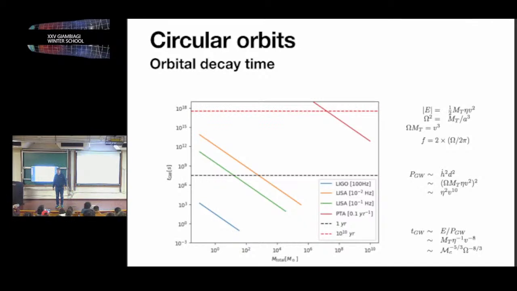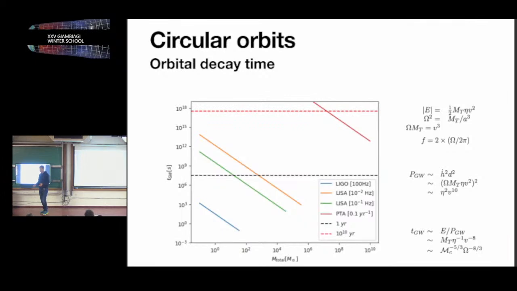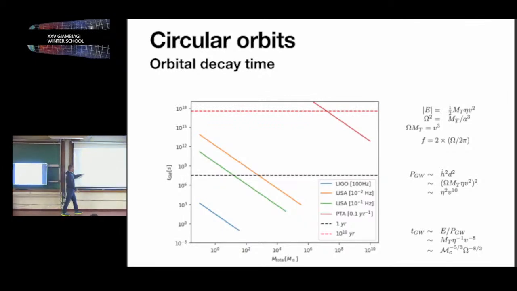Yes. When I said the speed of light, I'm talking about the order of magnitude of the speed of light, like 0.3 C or something like that. The easiest estimate for you to do is take these Newtonian formulas and plug in the separation of the last stable circular orbit, which for a Schwarzschild black hole is about 3 times the Schwarzschild radius, and use the Newtonian formulas to calculate the velocity at this moment.